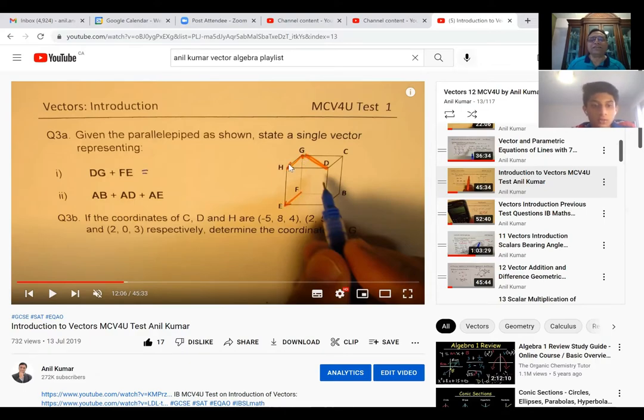Do you see GH? Yes. Vectors do not have position or location, so you can translate that. And then FE is same as GH, so you began from D, ended at H, therefore the vector is DH, right? Similarly, you can do the next question, AB, AD, AE.